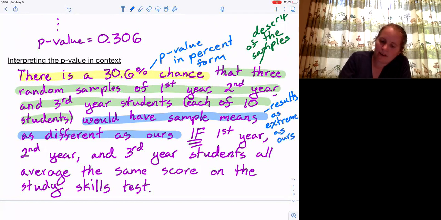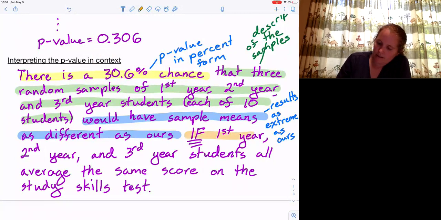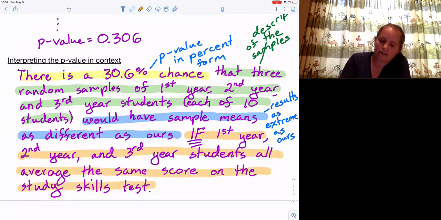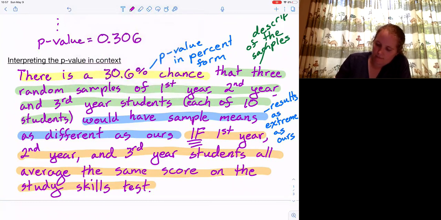And then our big if: if first year, second year, and third year students all average the same score on the study skills test, this is our null hypothesis.